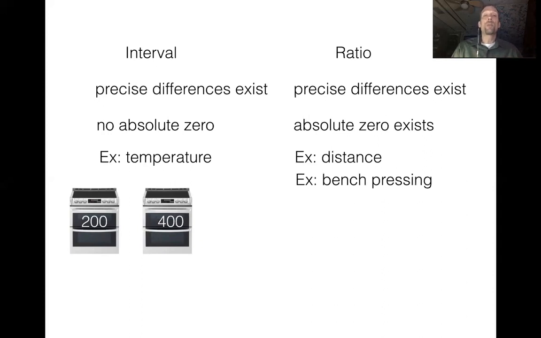If somebody bench pressed 100 pounds and somebody else bench pressed 300 pounds, we would be able to say the exact difference between how much each person bench pressed, and we can also say the person that bench pressed 300 pounds did 3 times as much. That works because we're in ratio level data.